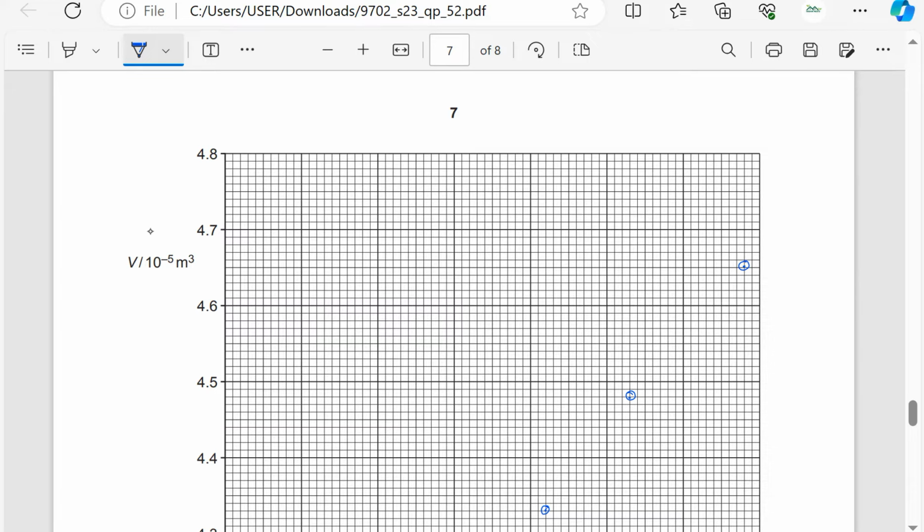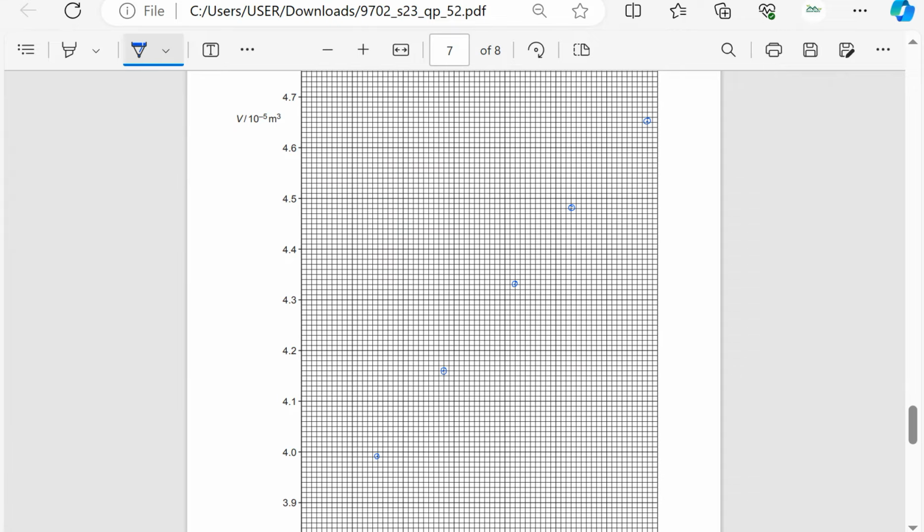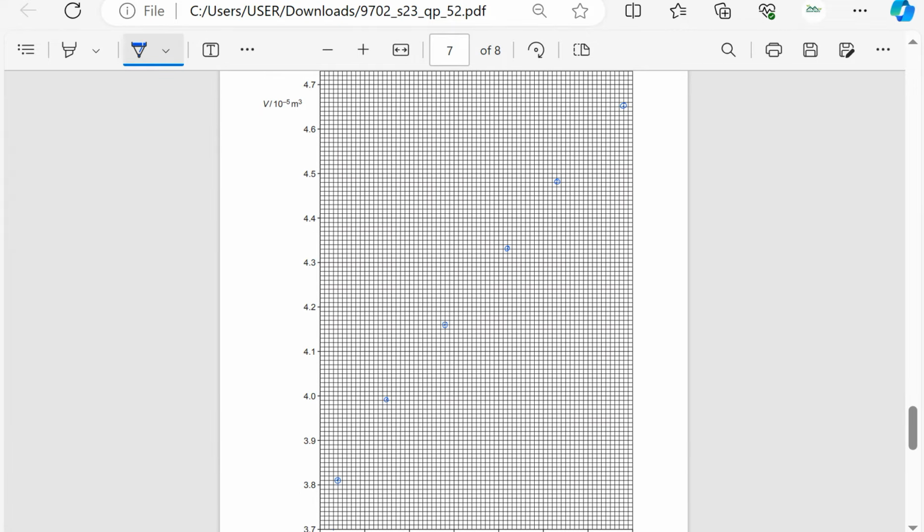So I have to put this on the same scale, the same page, so that I can now plot the line of best fit. So I'm now plotting the line of best fit.